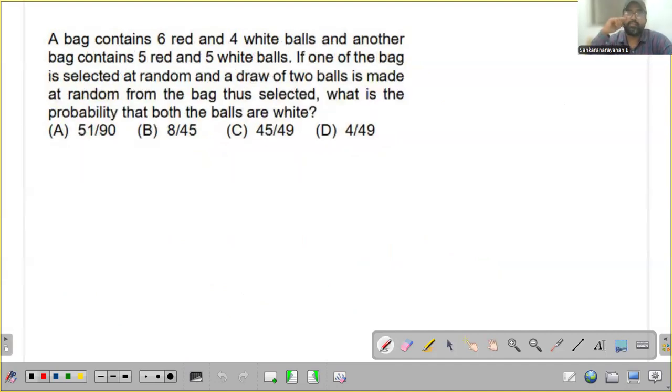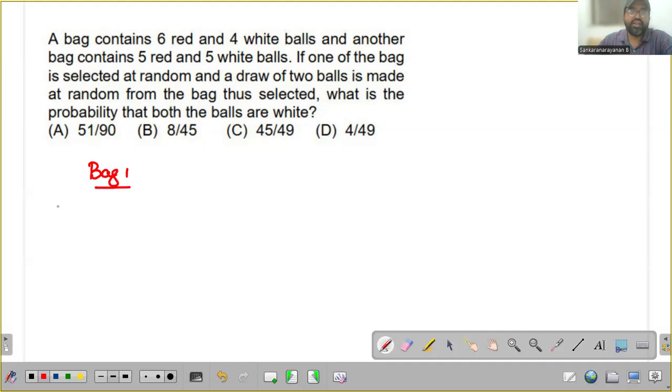Take a look at this. Oh, this is a good one. Okay, take a look at this. This is a very good one. Take a look at this question. A bag contains 6 red and 4 white balls. So I'm marking it as bag number 1.